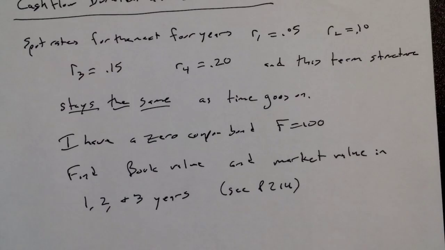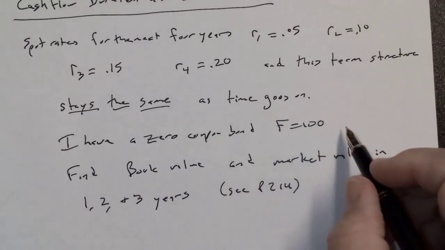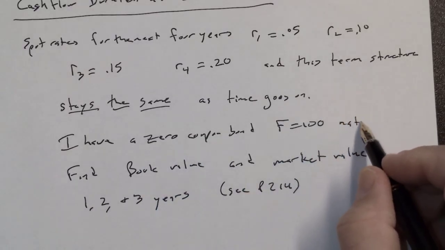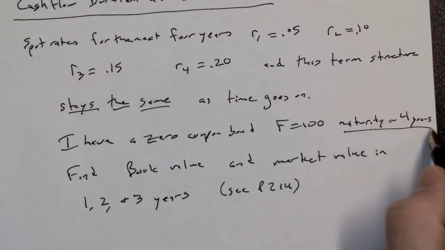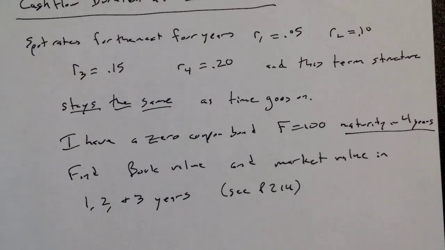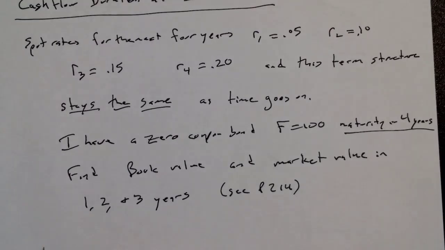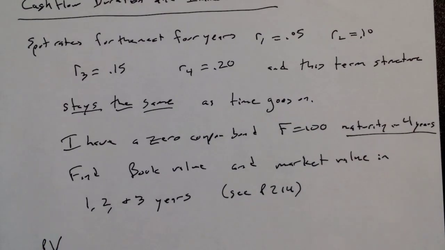I forgot to write something. I have a zero coupon bond, face value 100, maturity in 4 years. I need that piece of information. Without it, I'm in trouble. So, what is the present value of this zero coupon bond?